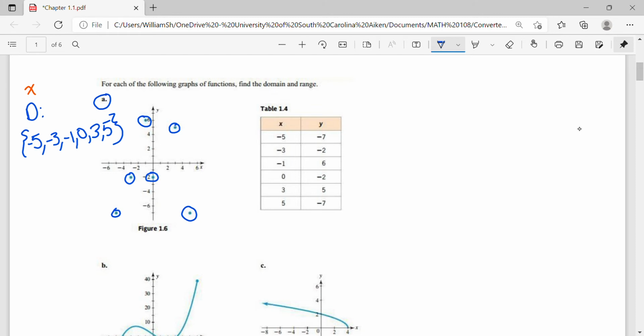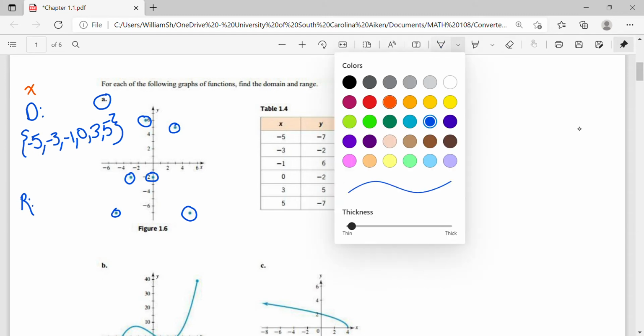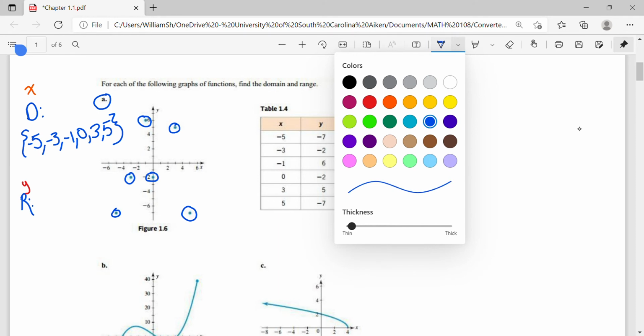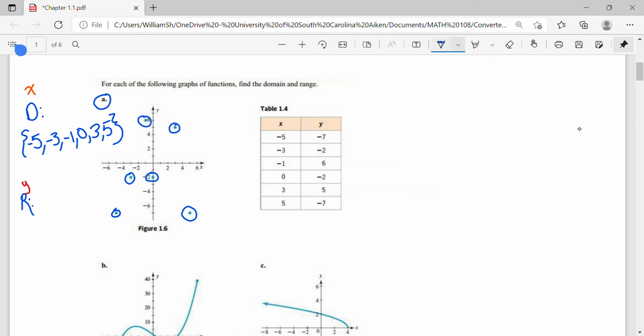Now my range values here, remember that's my y. My range is everything that my y can be here. So if I go back through here and I look at this first point again, my y at this first point is -7.